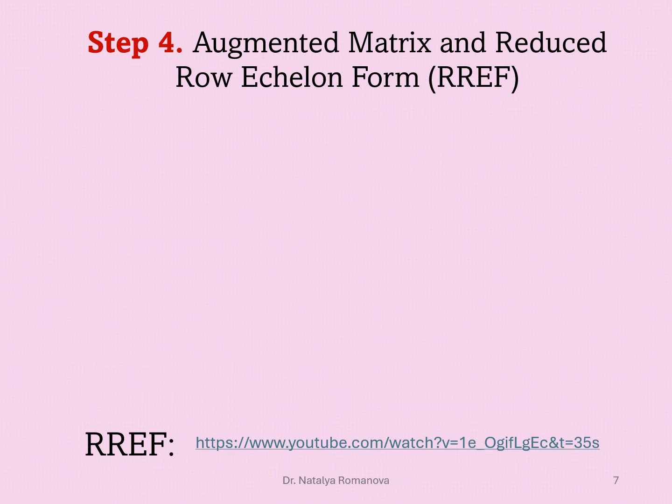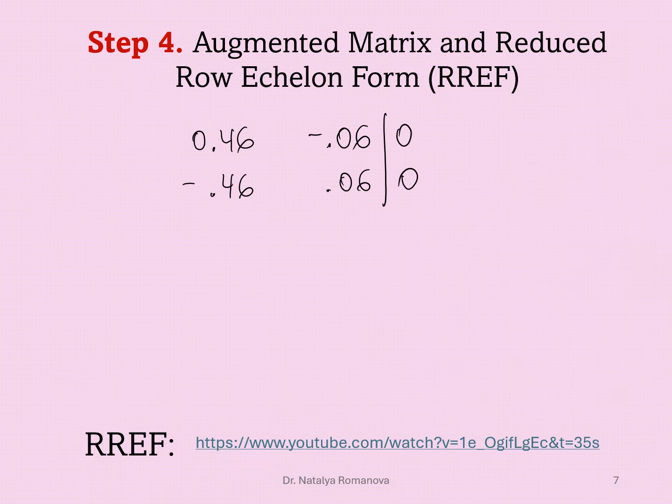Step 4. We have to find the augmented matrix of our system of linear equations from step 3. The augmented matrix is 0.46, minus 0.06, minus 0.46, 0.06, and the constant matrix 0, 0.